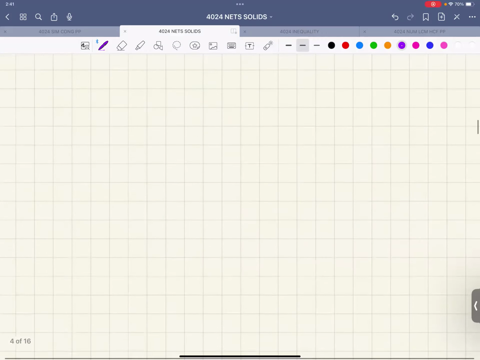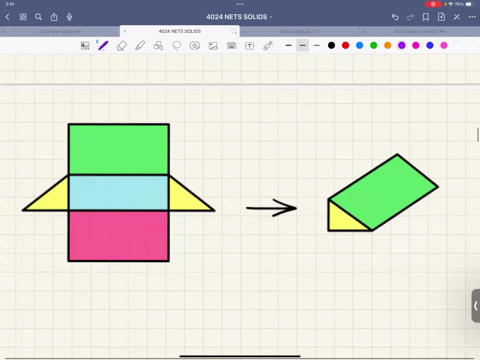Okay, now why don't you look at this and try to figure it out yourself? What exactly is this? Yes, it's a triangular prism.